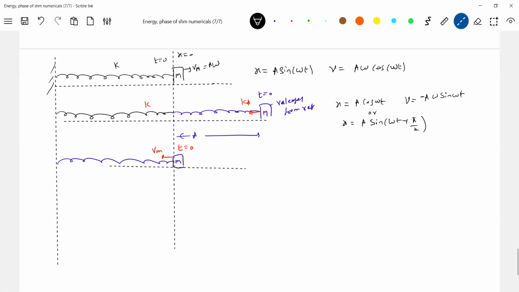Tell me, what is the equation you are going to write? x is equal to A sine omega t plus phi, the phase of this. Anybody? Minus a sine omega t. Differentiate this, you'll get velocity, minus A omega cos omega t.